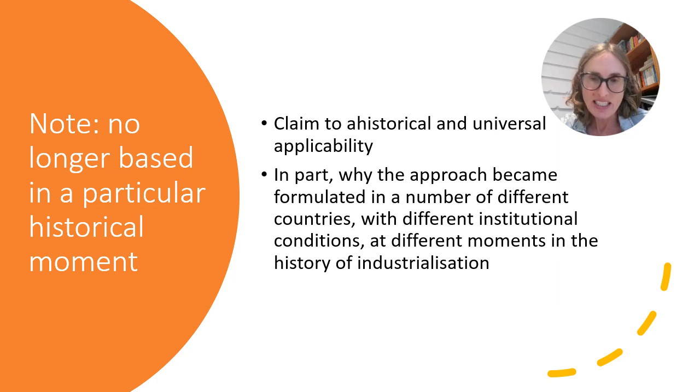Even though I've located this clearly in a social and political moment, you can see how neoclassical economists laid stake to the ahistorical and universally applicable nature of their theories. They thought this could be divorced from context. And this is in part why the approach became formulated in a number of different countries with different institutional conditions at different moments in the history of industrialisation.